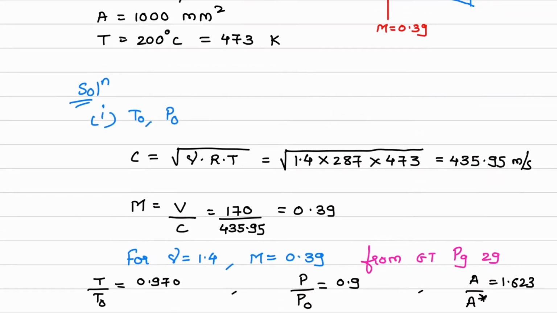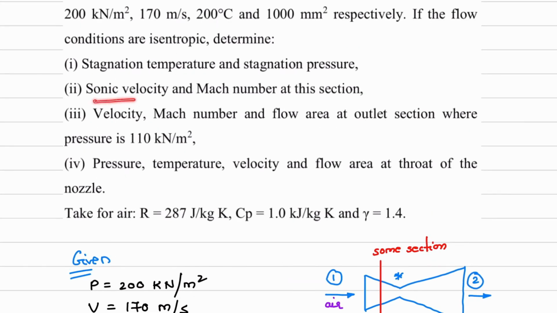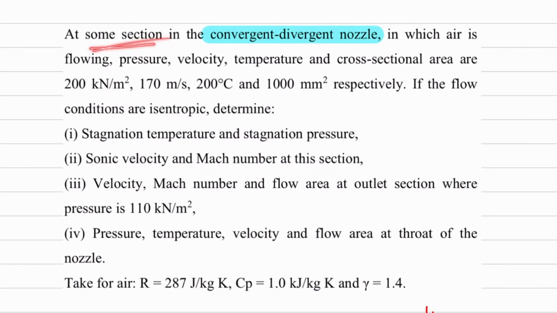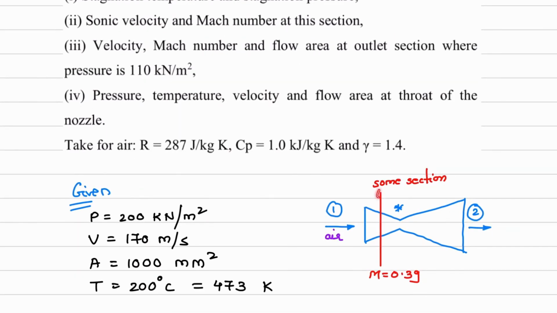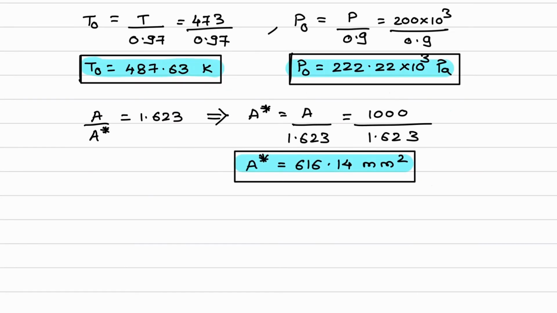Now what is the second question? We'll see that. Sonic velocity and Mach number at this section. At this section, the sonic velocity and Mach number we have already found out. So we have already found the second sub question as well. I'll write down the second sub question, sonic velocity and Mach number.